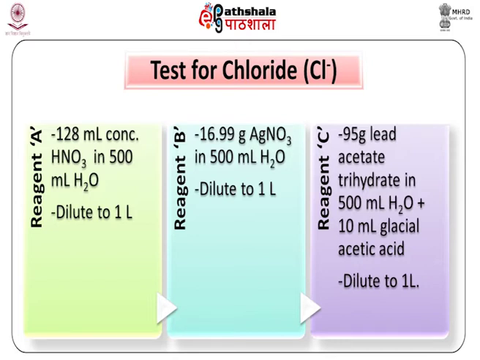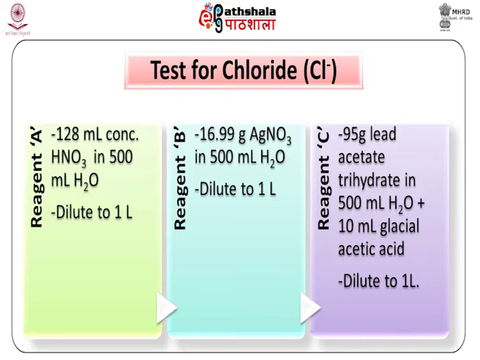Reagent B is prepared by dissolving 16.99 grams of silver nitrate in 500 milliliters of distilled water and diluting it to 1 liter.